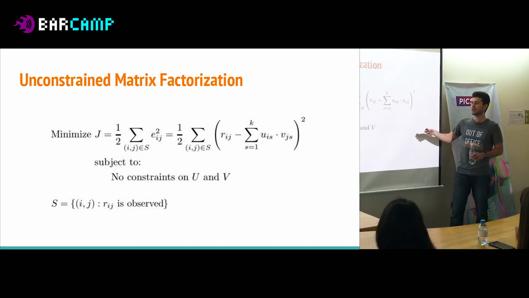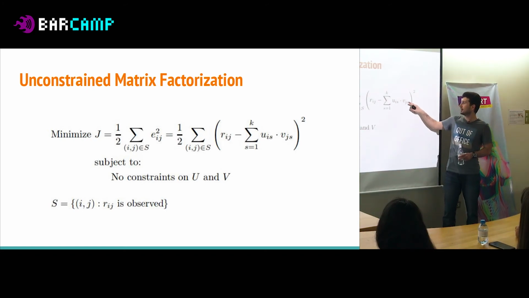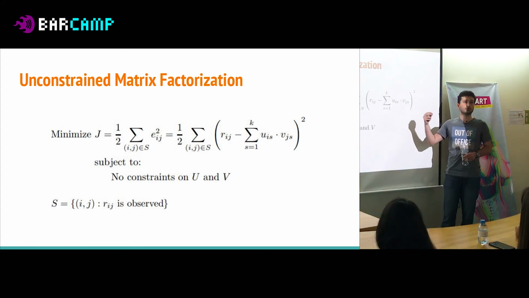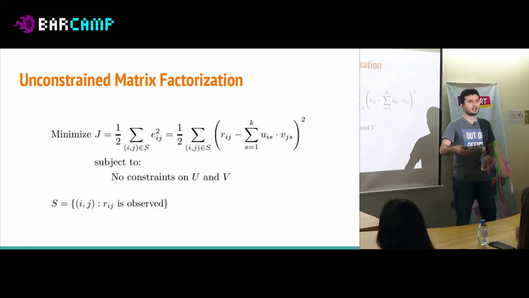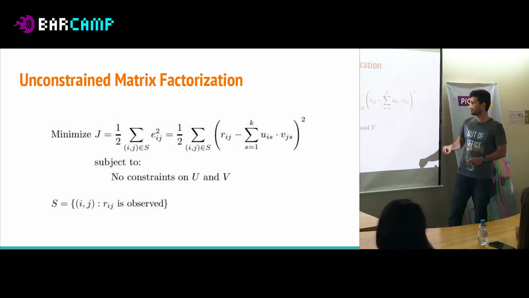This is basically L2 loss between the ground truth and the predicted rating, which is just a linear combination of our user and item latent factors. So this is the loss that we want to minimize. We calculate this over observed entries, entries that have ratings in our rating matrix R.